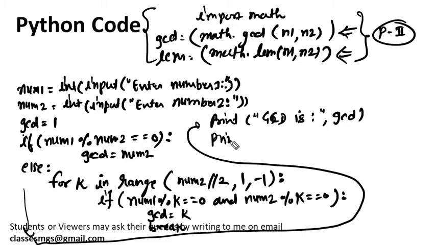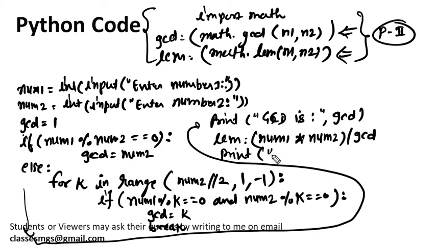And if you want to calculate the LCM, you can apply this formula: LCM equals number 1 times number 2 divided by GCD, and you can print the LCM also. LCM is, you can print it this way. So this is the complete program.